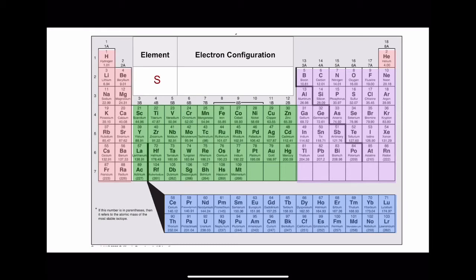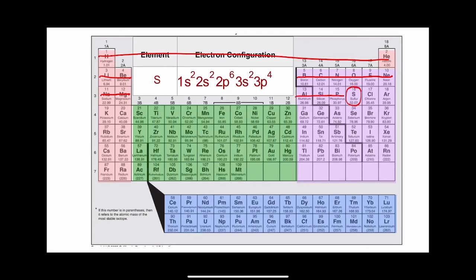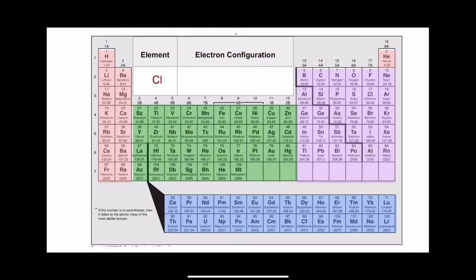For sulfur, 1s2, 2s2, 2p6, 3s2, 3p4. Chlorine, 1s2, 2s2, 2p6, 3s2, 3p5.